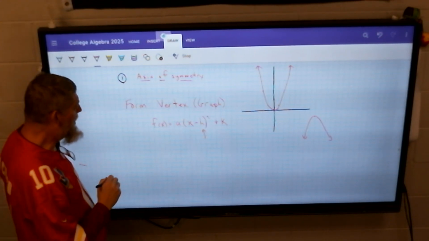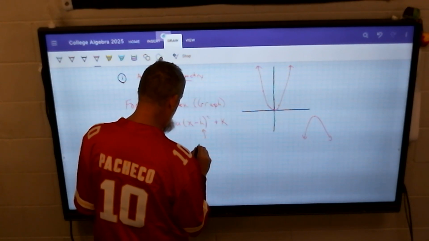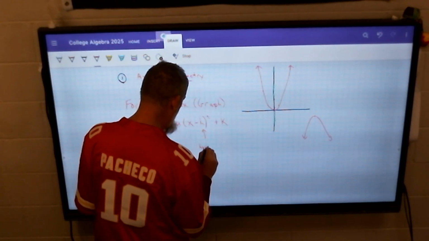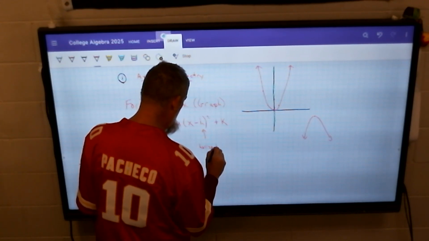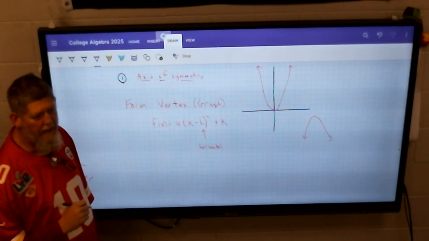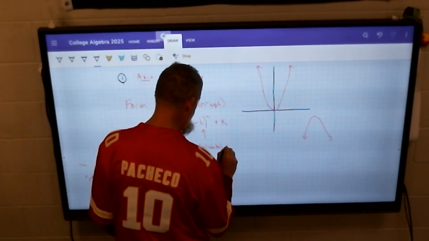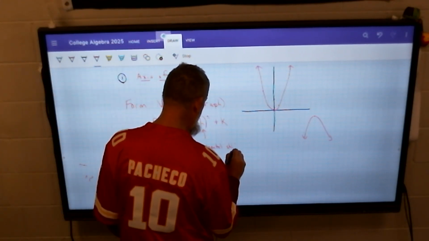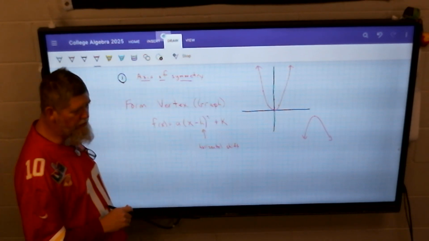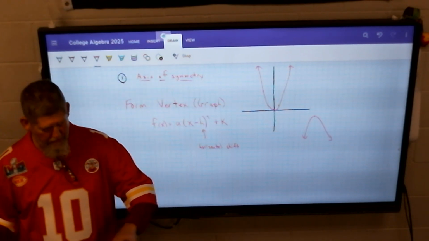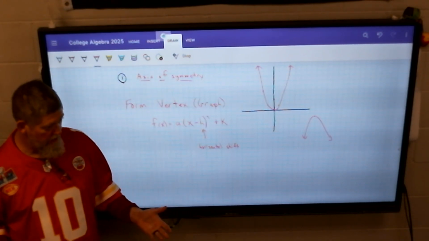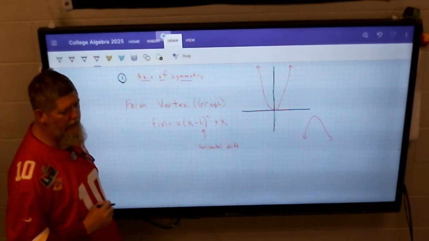This is what we call the horizontal shift, which is maybe why they use the letter h. Horizontal means left to right. Shift means it moves it. So the h tells us which way it goes, left to right.